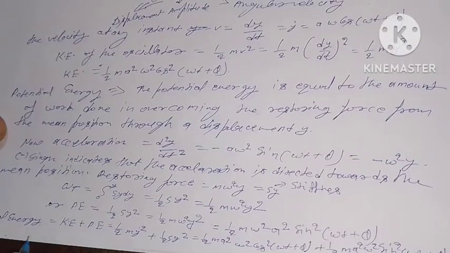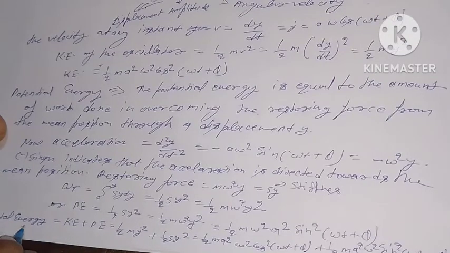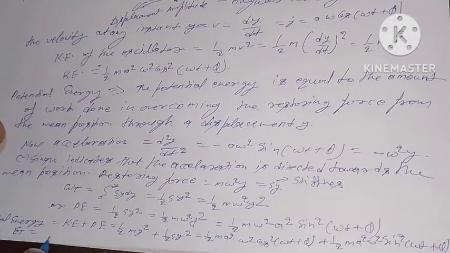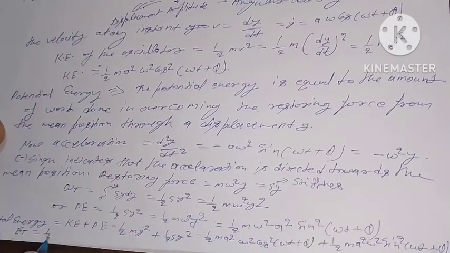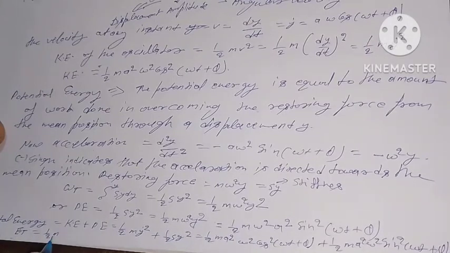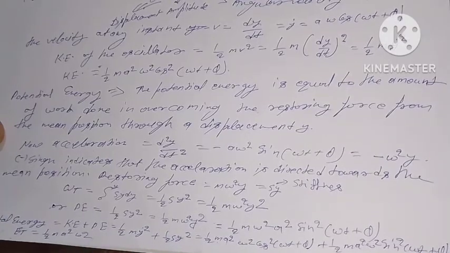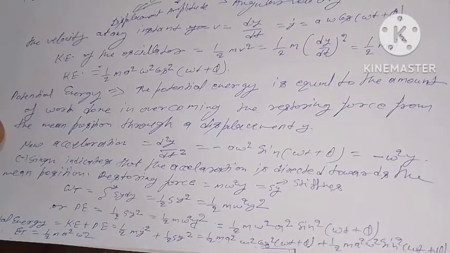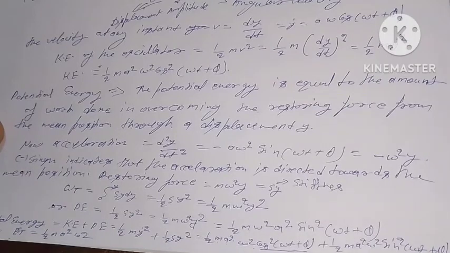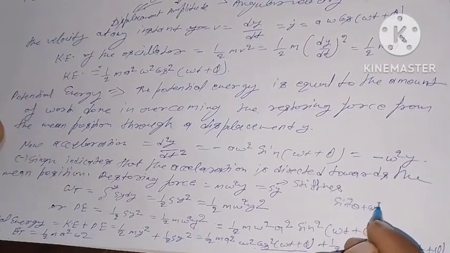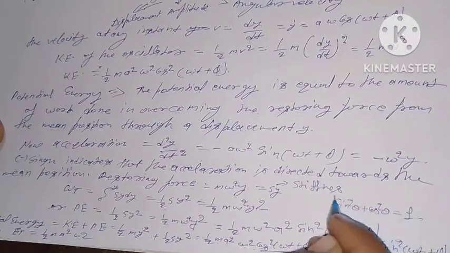Okay, if we take common, then total energy E equal to 1 upon 2 m a square omega square, and left cos square(omega t plus phi) plus sin square(omega t plus phi). But sin square theta plus cos square theta equal to 1.